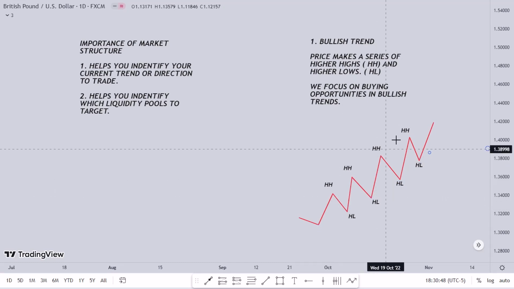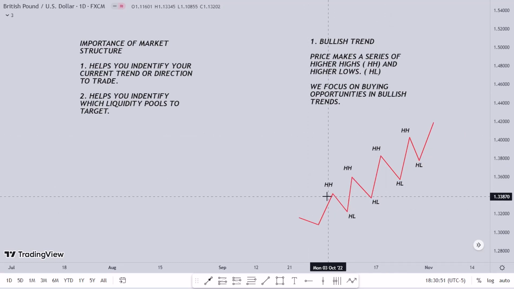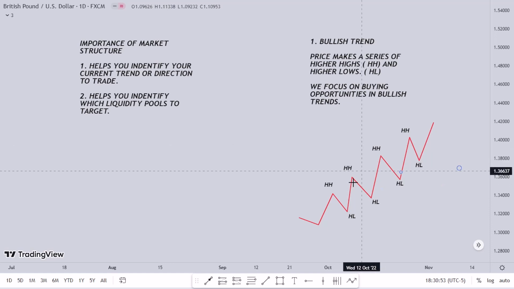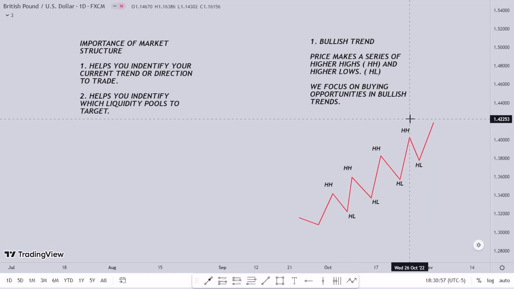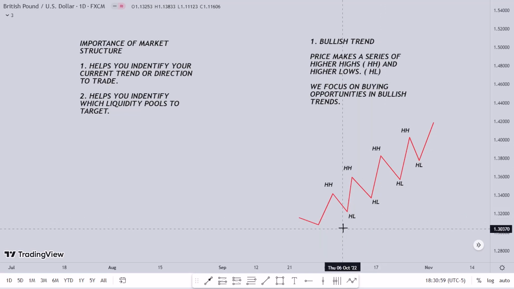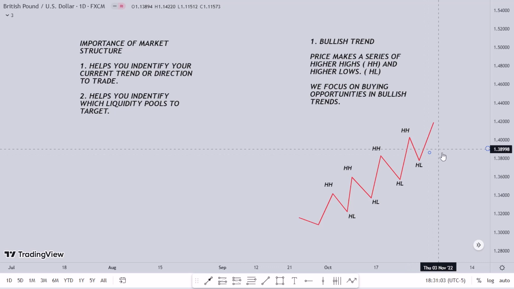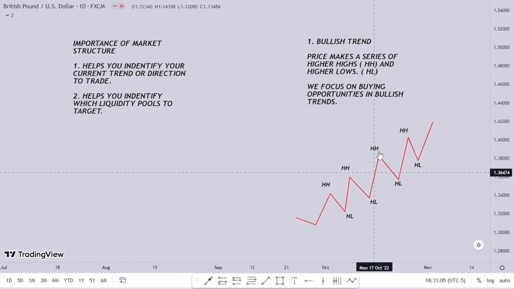Another higher low, because this low is higher than this. So in a bullish market structure, price makes a series of higher highs, highs that are continuously higher than the previous highs, and then lows that are sustainably higher than the previous lows. So that's for a bullish market structure or a bullish trend. This is the characteristics of a bullish market structure.